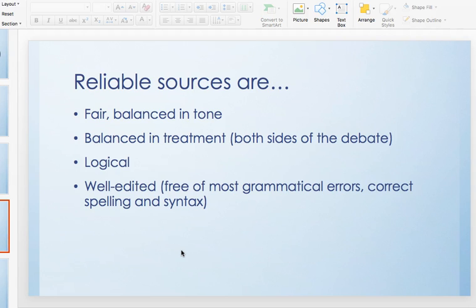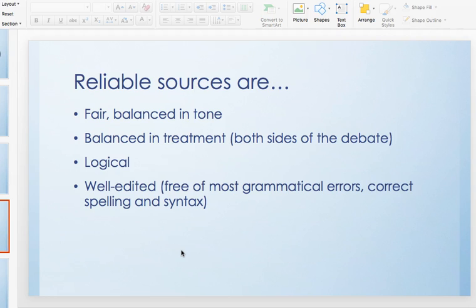And of course, reliable sources generally are well edited. They are free or mostly free of grammatical errors and contain correct spelling and syntax. So if you are reading an article and every other word is misspelled, or there are obvious grammar errors, or the writing itself is choppy, it jumps from one idea to the next without any clear transition, then that's a pretty good sign that most likely it wasn't edited, or it wasn't edited very well, at least.